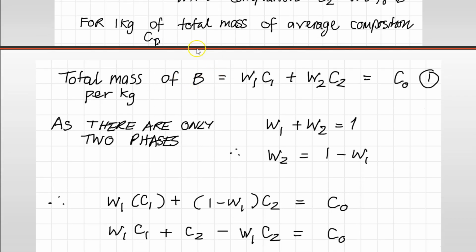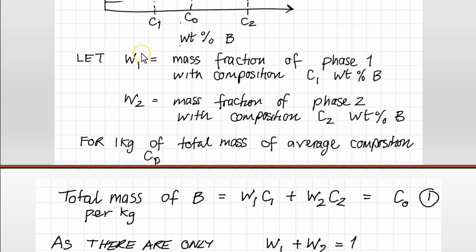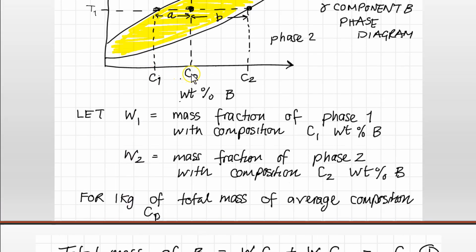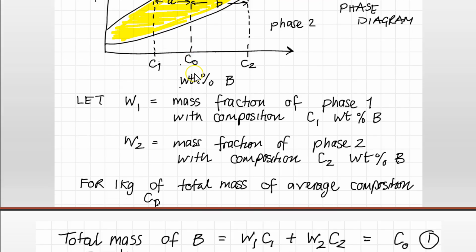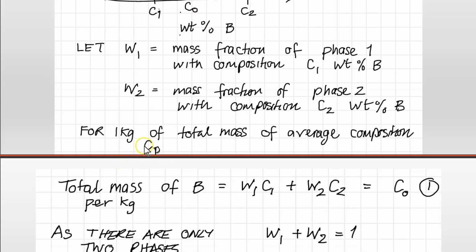In such case, let's say the average composition, C0, is 50% B. 50% is 0.5, so as a fraction, if we multiply 0.5 by 1, we get 0.5 kg. So if C sub 0 were 0.5, or in other words 50%, we expect there to be half a kilogram of component B within the system.